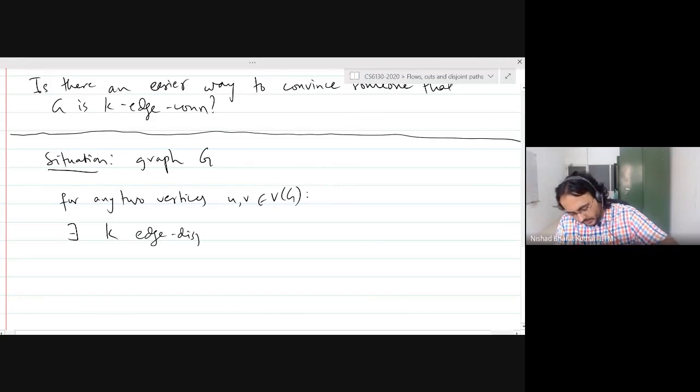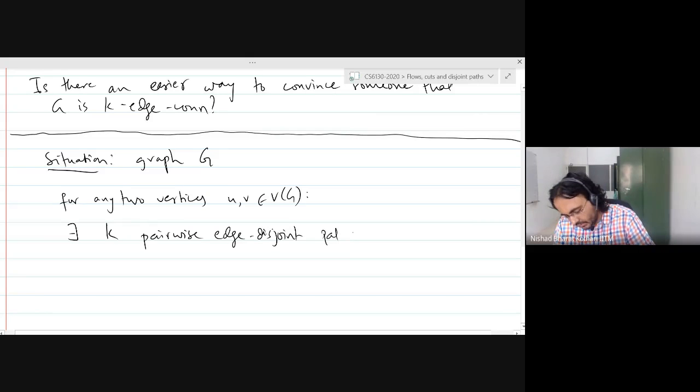Maybe I should be more precise. Pairwise edge disjoint UV paths. The path connects U and V.